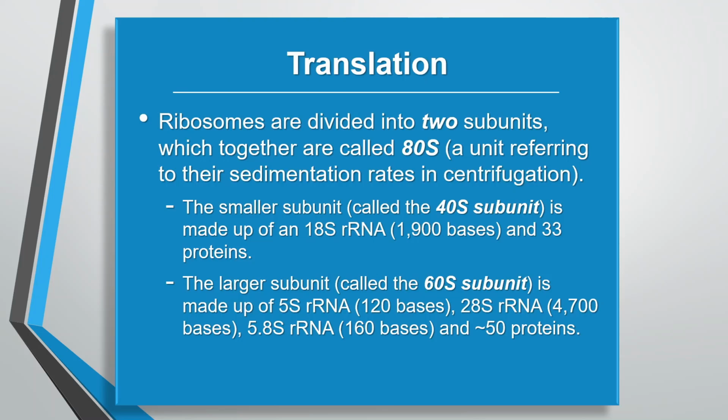The larger subunit is made up of three subunits: a 5S ribosomal RNA, a 28S ribosomal RNA, and 5.8S ribosomal RNA, along with about 50 proteins. There's also the over 20 transfer RNA molecules that the ribosomes utilize.